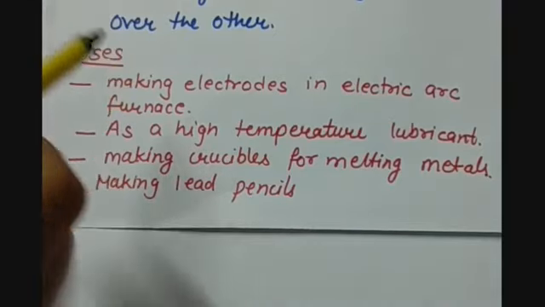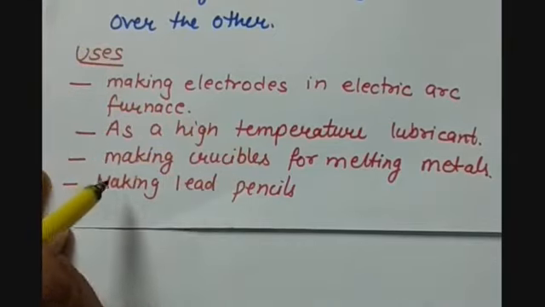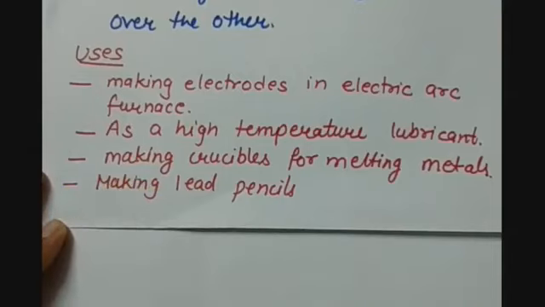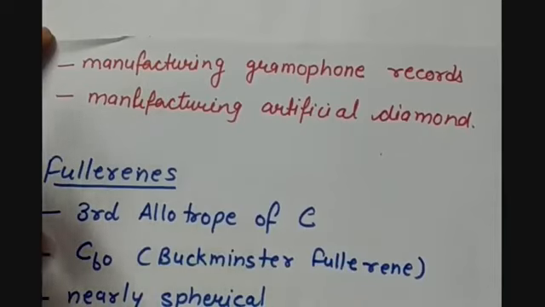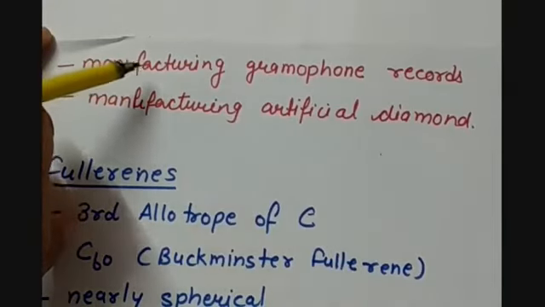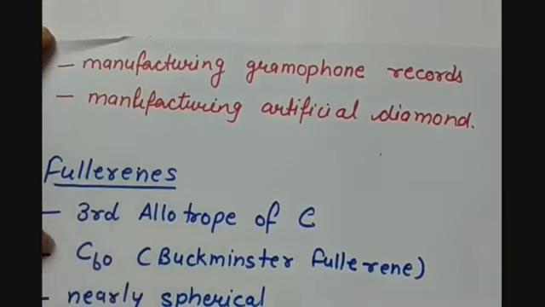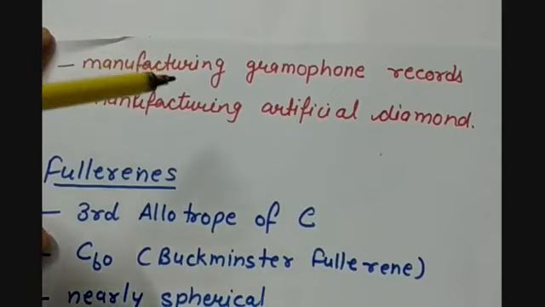It is also used for making lead pencils. Graphite is also used for manufacturing gramophone records and for manufacturing artificial diamond, because when graphite is heated under extreme conditions of temperature and pressure, it turns into diamond.